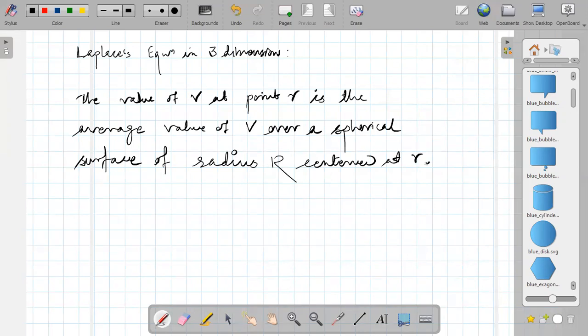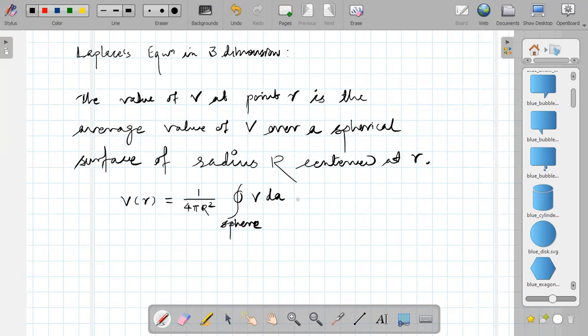And therefore we can write V of r is equal to 1 upon 4 pi R square, where capital R is the radius of the sphere, closed integration of V dA, where dA is the surface element of the sphere, closed integration over the sphere, and this is your equation number 1.